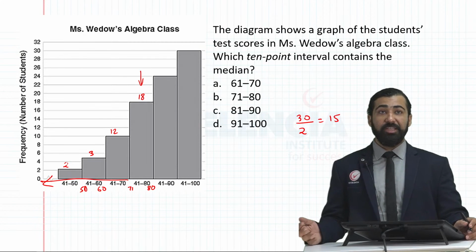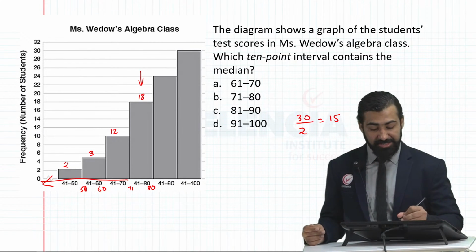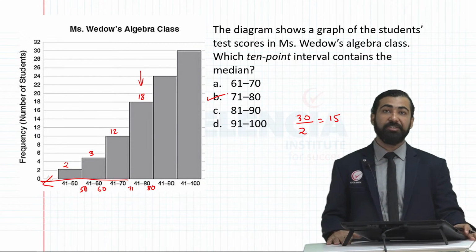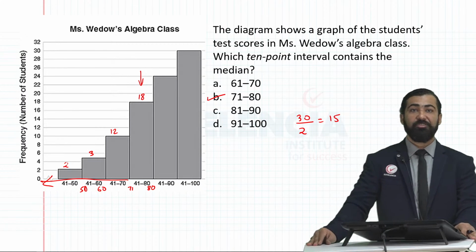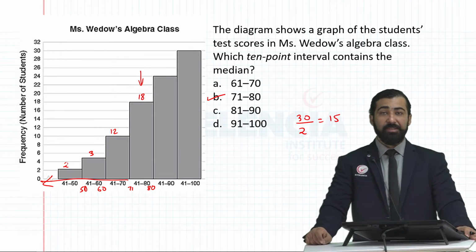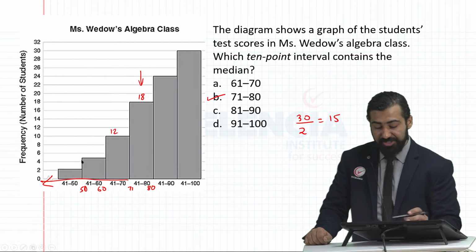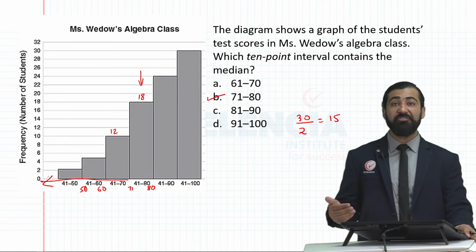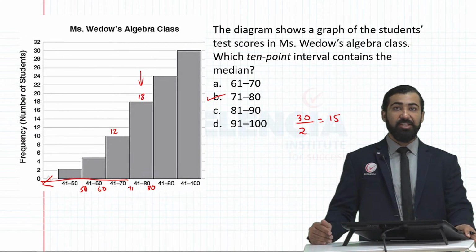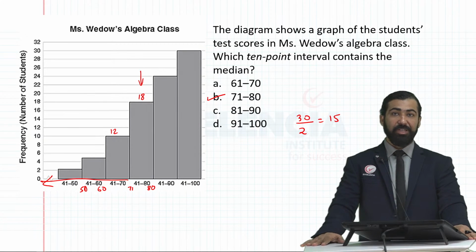Hence, the interval that contains the median in this case will be 71 to 80, because our 15th observation is falling there. In fact, I need not even have found the difference, because I'm not interested in frequency. I'm just interested where my 15th observation will lie. So the 15th observation will lie in the group of 71 to 80.